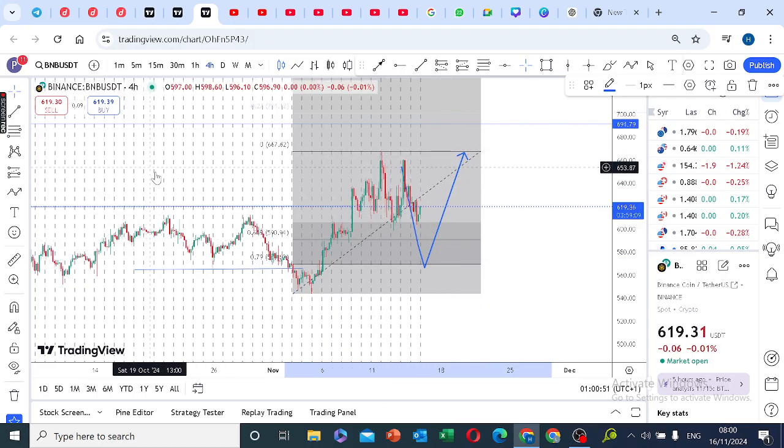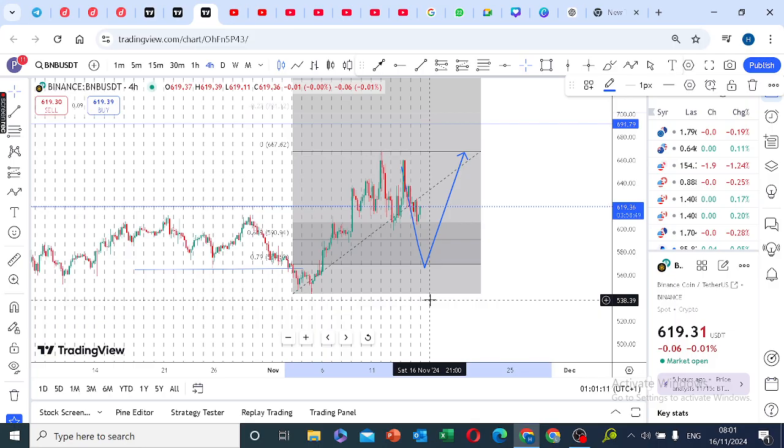Remember, we are on the smaller time frame in order to take the right entry, in order to look for a smaller and exact entry. Sometimes you may still need to go lower, but based on this liquidity grab, we are going to be working with this oversold level, the 0.618 level or the 0.79 level for our entry.